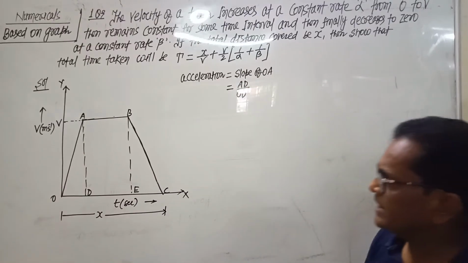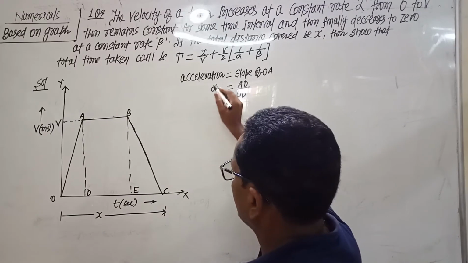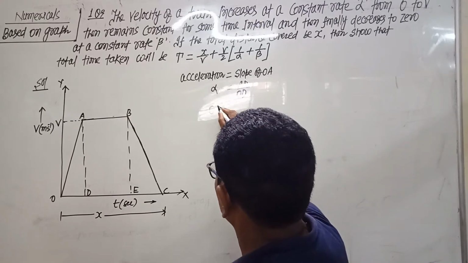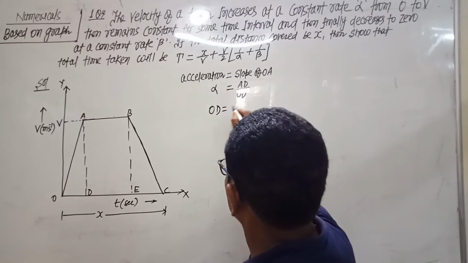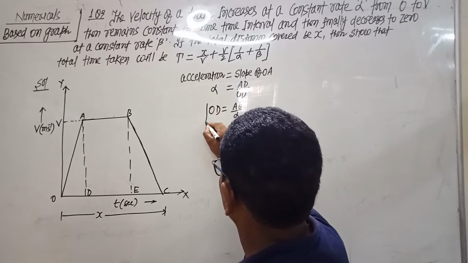And acceleration is given as alpha. Now we will calculate the value of OD. So OD equals AD by alpha.